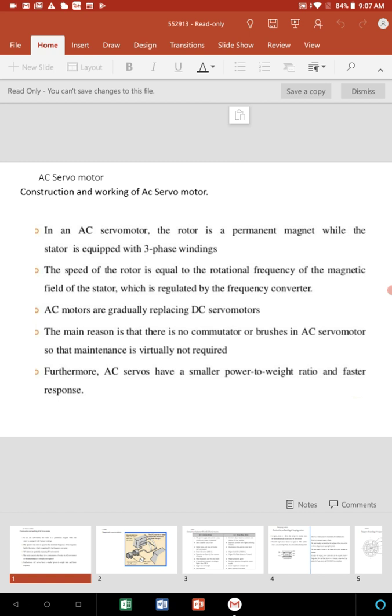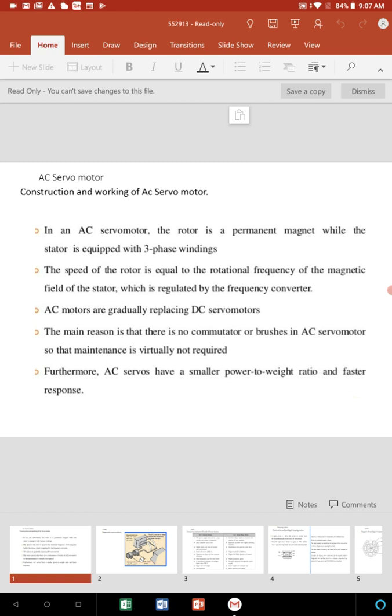The speed of the rotor is equal to the rotational frequency of the magnetic field of the stator, which is regulated by the frequency converter. So, AC motors are gradually replacing DC servo motors because of a few advantages, which we can see in the next slide.